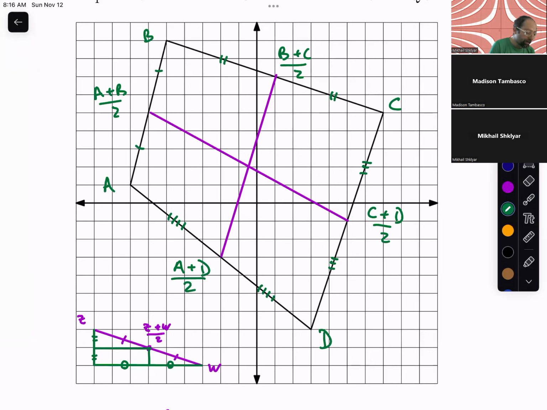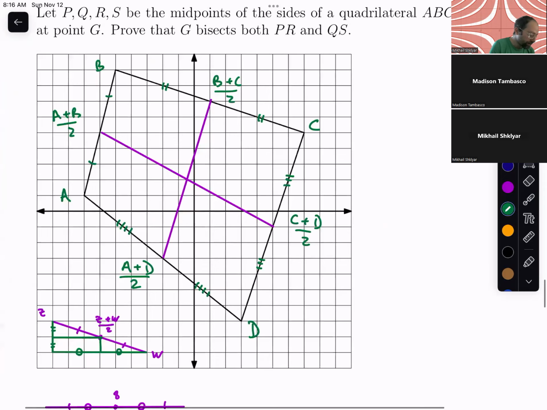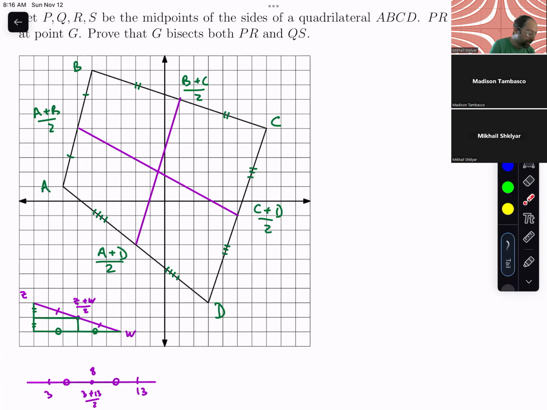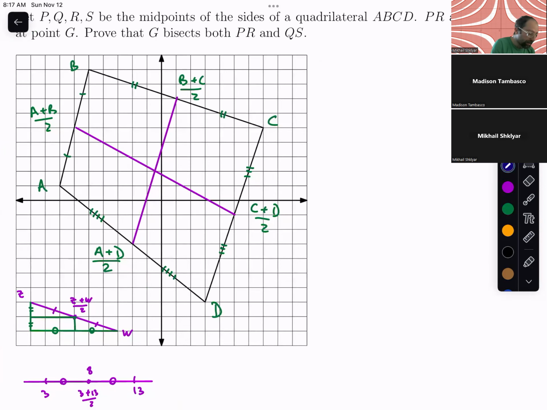All right. So now let's take a look at the midpoints of the segments. I'm going to take a look at the first segment and try to find its midpoint. So I'm going to use the exact same process again. What is the midpoint of the first segment? Well, it's the average of its endpoints. So it's (a plus b over 2 plus c plus d over 2) over 2.